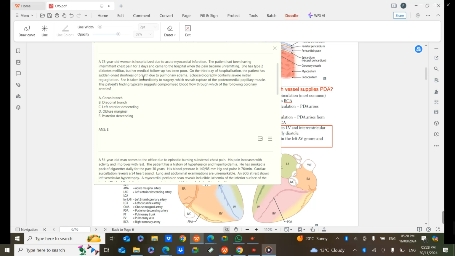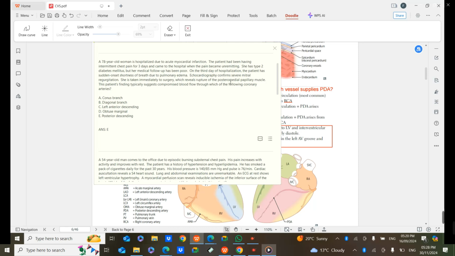The patient has acute MI and severe mitral regurg. They now say that she is taken immediately to surgery, which revealed rupture of the posteromedial papillary muscle. The question is now asking, this finding typically suggests compromised blood flow through which of the following coronary arteries?